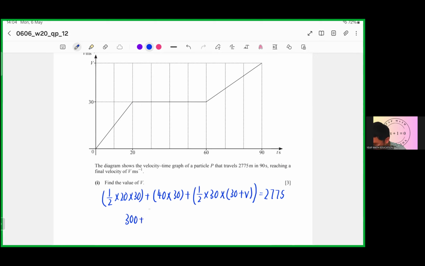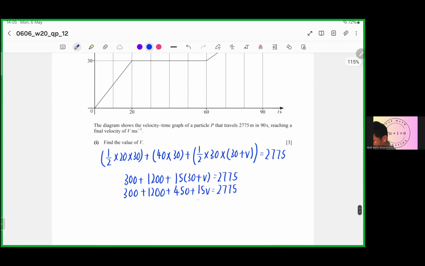300 and then plus 1,200 and then plus 15 times (13 plus 3), 15 plus 30, so 415, and then plus 15 v equals 2,775. So 15 v equals minus 300, minus 1,200, and minus 415.